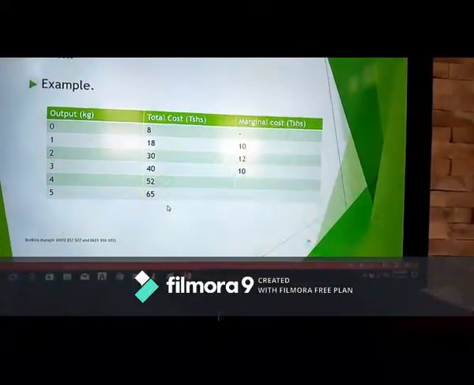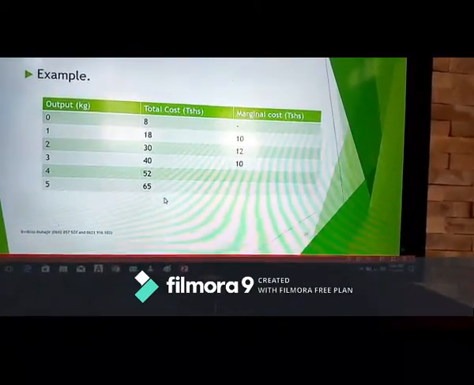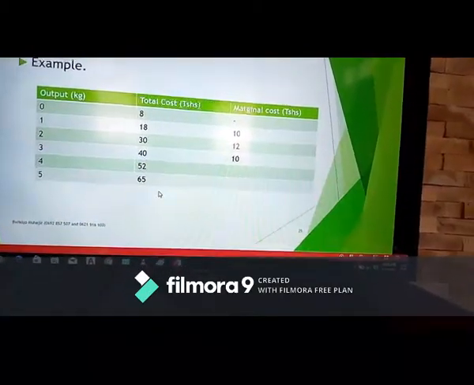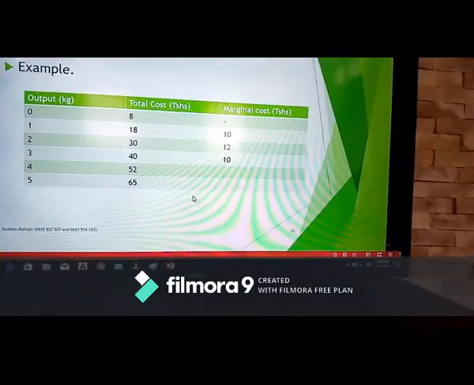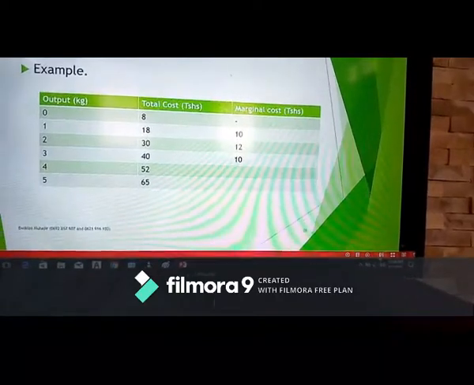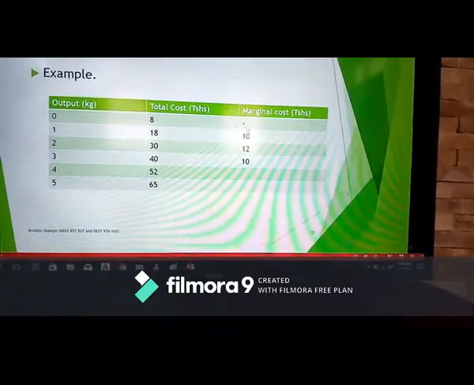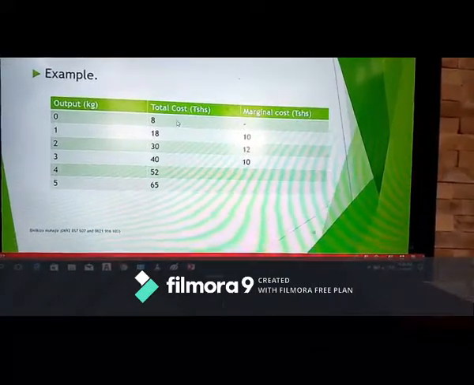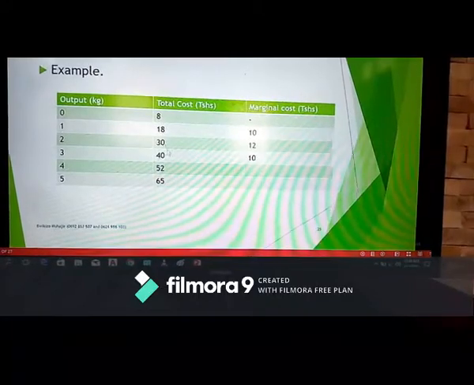Consider the example here where we have output and total cost, and you have to find the marginal cost. At this level 1, put a dash, because you don't have a previous cost or a previous output.